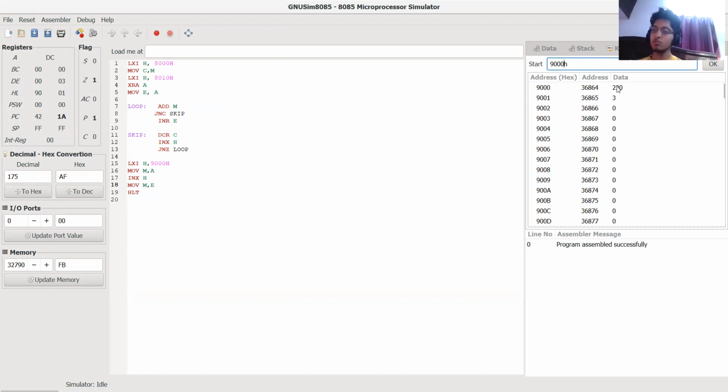So the lower byte is stored at address 9000, which is 220, and the carry is stored at 9001, which is 3. These are in decimal form, so we can cross-check it by converting into hexadecimal form. Now, the value of 220 is DC in hexadecimal, which is our sum and which is stored in our A register. And the same goes for the 3, as 3 is the same in decimal and hexadecimal form.